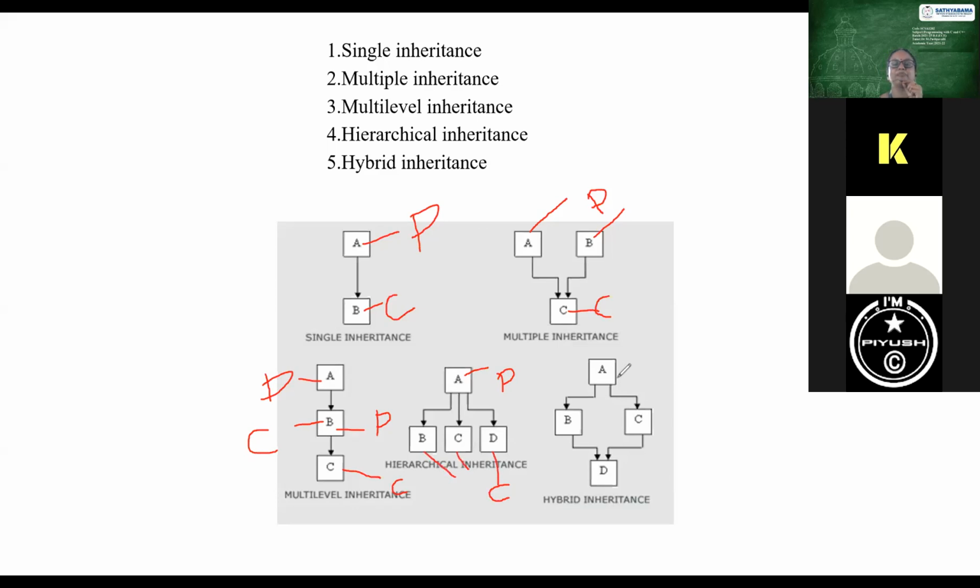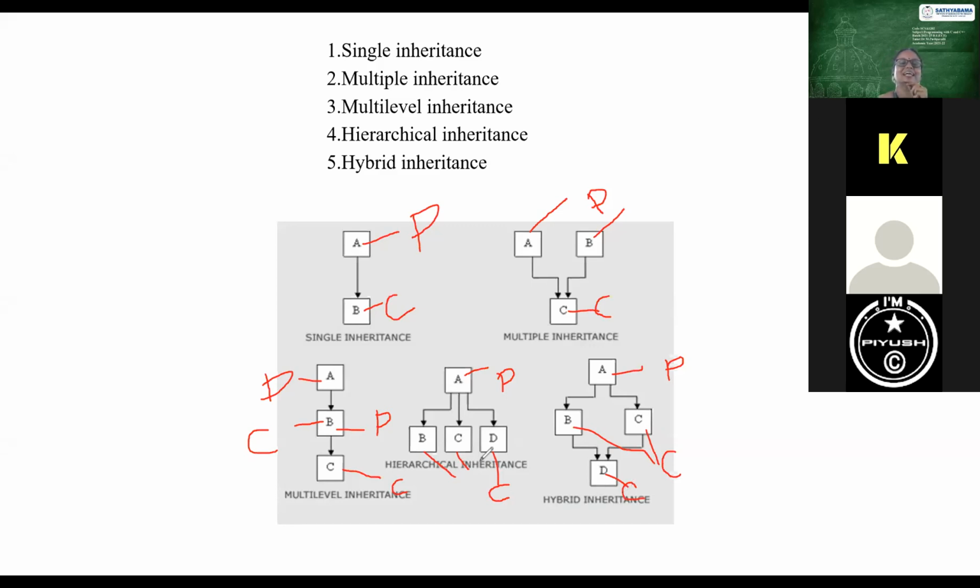A is the parent class, B and C are child classes, and D is again a child class, but B and C become parent classes. Why is it called hybrid inheritance? Look at this image. It is a combination of multiple inheritance and hierarchical inheritance. That's why it is called hybrid inheritance.